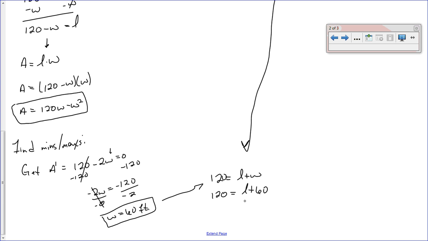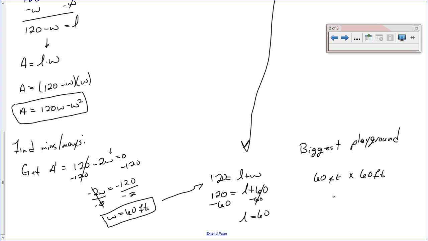Now we can solve for L. Minus 60, minus 60. L equals 60. So L is 60 and W is 60. That means our biggest playground is going to be a 60-foot by 60-foot square.